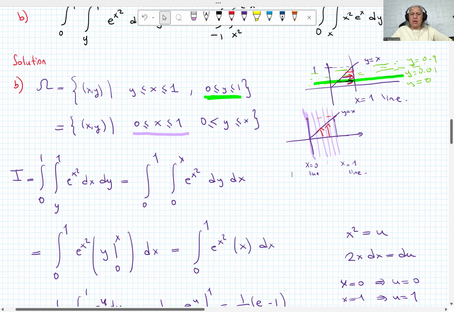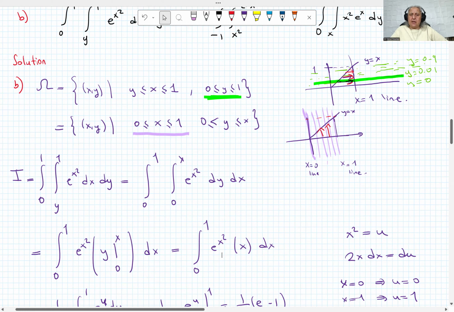Up to this point, after that, it's just the integration. So first, here you would integrate y, and x will be a constant here. It's just y, from 0 to x.